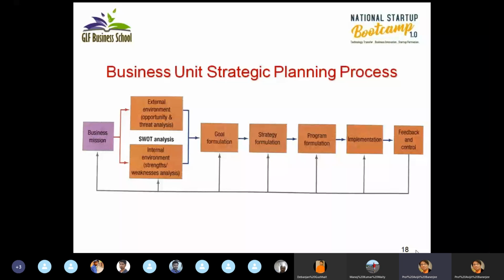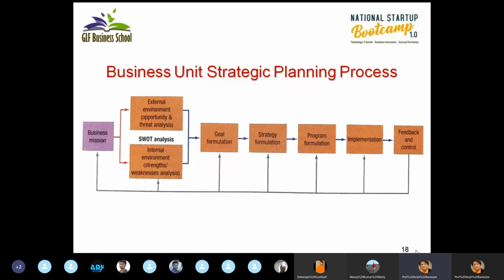Once you do both internal and external environment analysis, you should go for goal formulation, then strategy formulation, then the program formulation to achieve the strategy, then you should make your implementation plan for it and take the feedback and control mechanism.